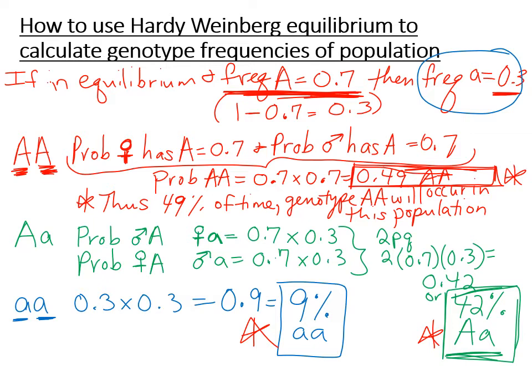You can calculate the homozygous dominant genotype frequency in that population, the heterozygous frequency in that population, and the homozygous recessive frequency in that population. So from one little number, 0.7 frequency of capital A, you got everything else that is written on this slide.